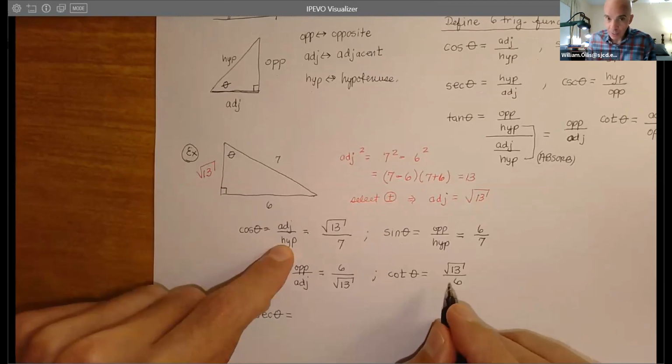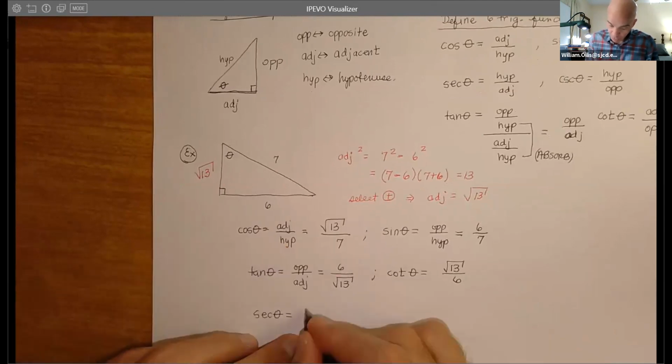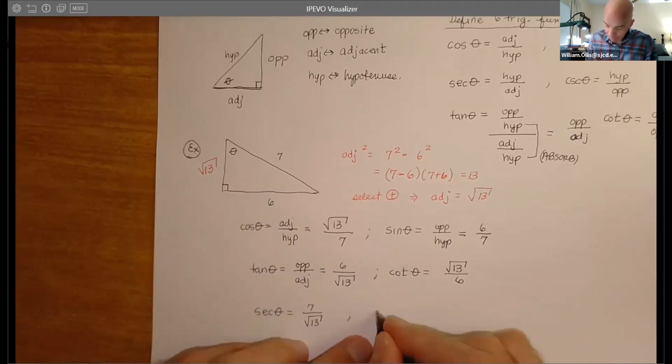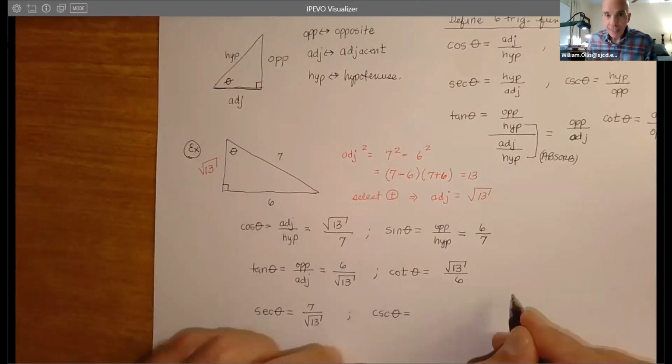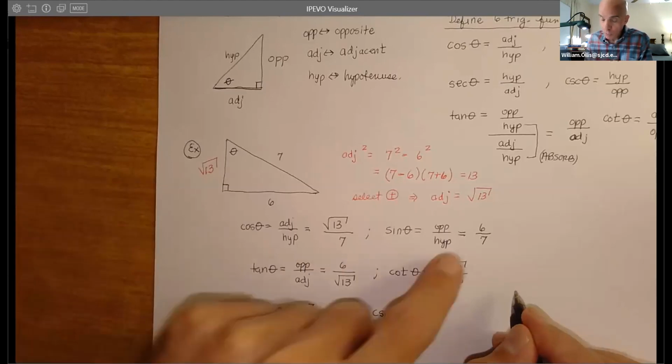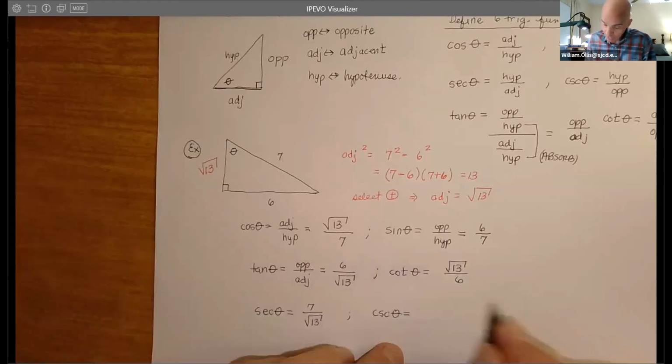So we'll have 7 over square root 13. And then lastly, cosecant will be hypotenuse over opposite, or the reciprocal here, 7 over 6.